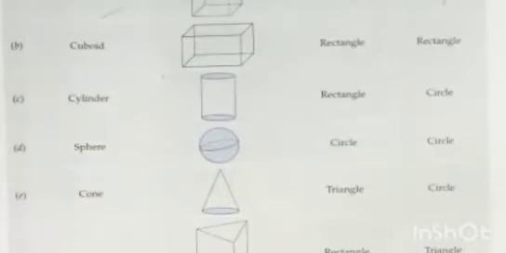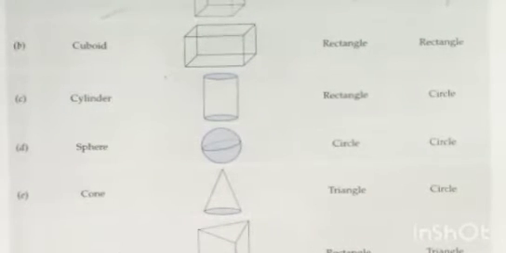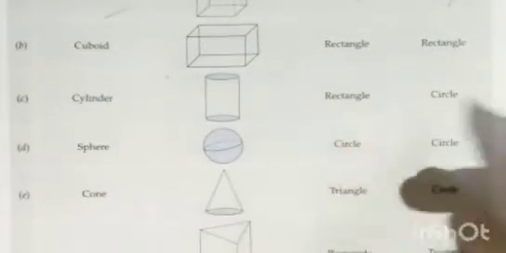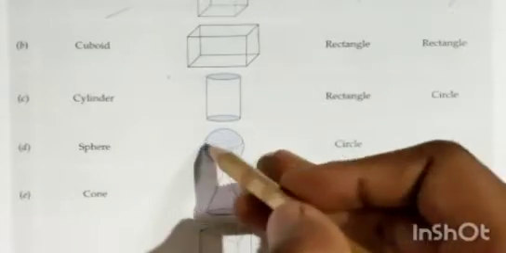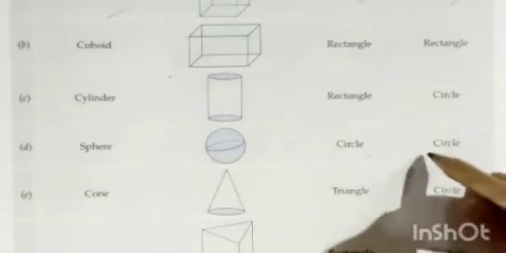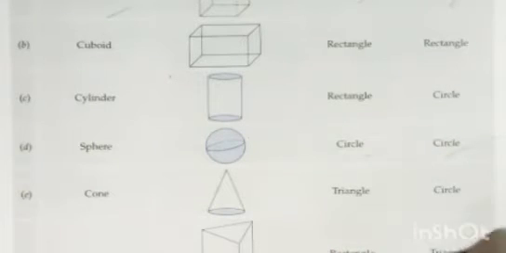Again, some information is given, just go through it and you can do it practically also. Suppose you take a ball and make a vertical or horizontal cut. In both cases you will see the cross section will look like a circle.